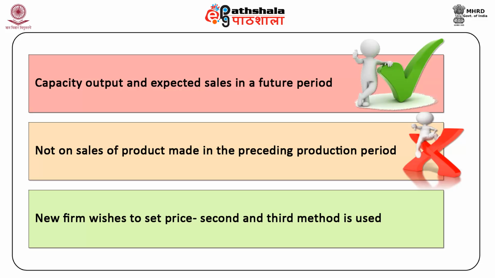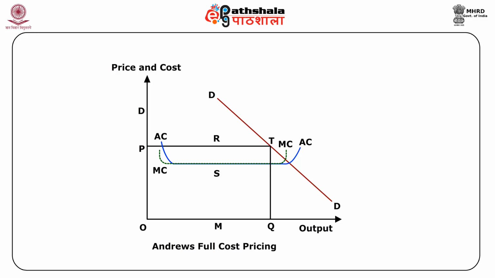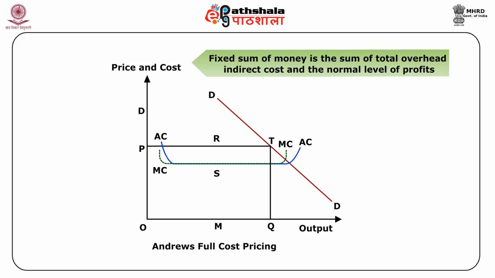The first method is completely ruled out. In the figure, let us assume that firms have chosen OM level of output for estimating the costing margin and for fixing the price of the product. We have read that the fixed sum of money is the sum of total overhead indirect costs and the normal level of profits.